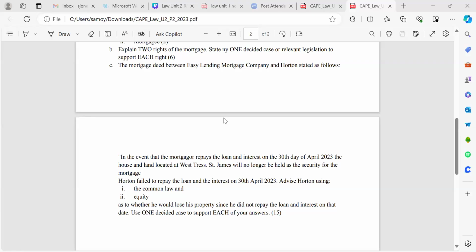The only thing they can take after non-payment is the land itself. They don't get to come in and take your bed or your TV and use it as collateral.